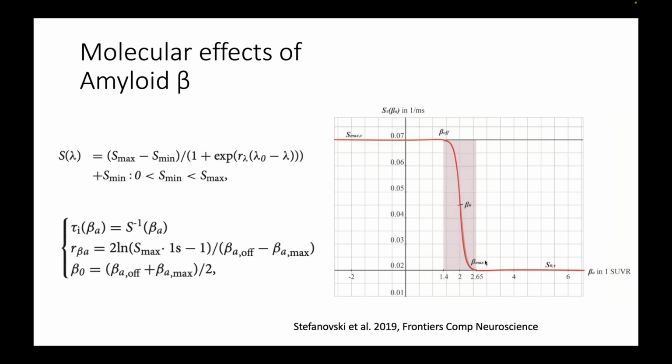And in the end, we came up with a quite simple sigmoid model. Here you see the effect of amyloid beta from PET on the x-axis, and on the y-axis the one parameter of the transmission from inhibitory interneurons to pyramidal cells, which is tau e, the inhibitory time constant, as we wanted to slow down the firing rate.